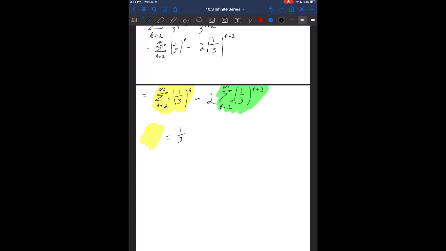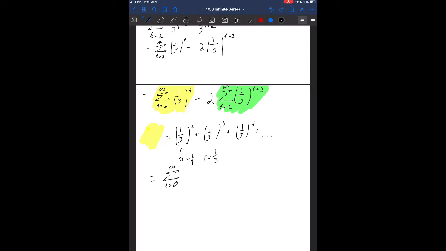So in this first case, this sum is going to be 1/3 squared plus 1/3 cubed plus 1/3 to the fourth, and so on and so forth. Going back to what we were talking about before, we know our first term will always be our a value, so we have an a as 1/3 squared, or 1/9. And between subsequent terms, we are multiplying by 1/3, which means our r is going to be 1/3.